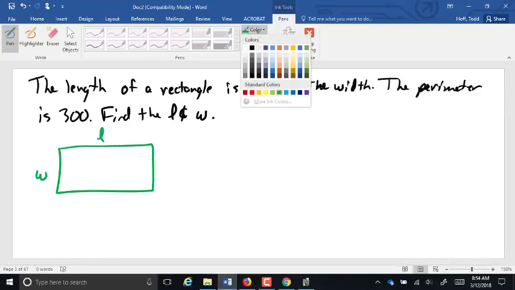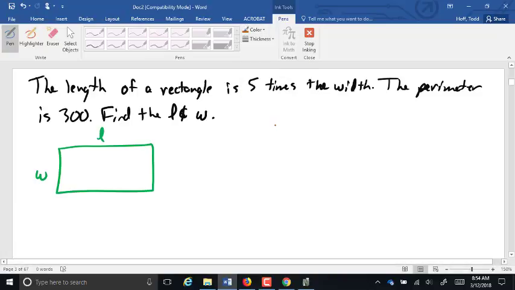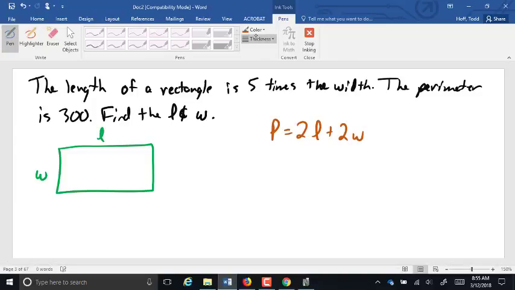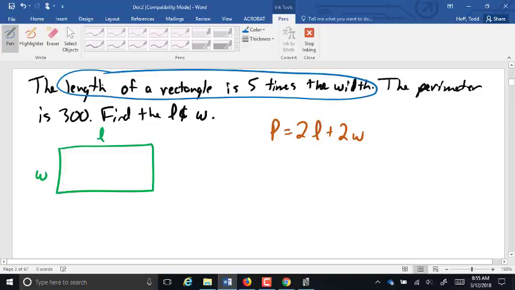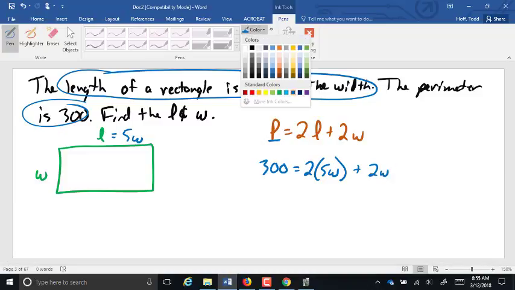Okay, so again, I like to draw the picture. And I'll write my formula. Now the relationship is the length is 5 times the width. So the length equals 5 times W. So let's put in what we know. Perimeter P is 300 equals 2L, so that becomes 2 times 5W plus 2W.